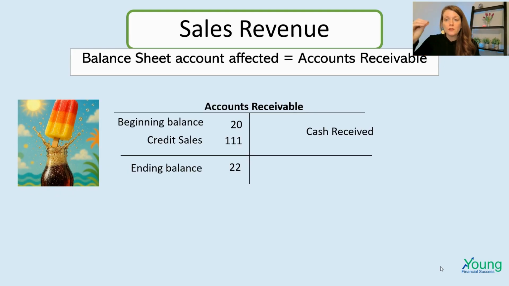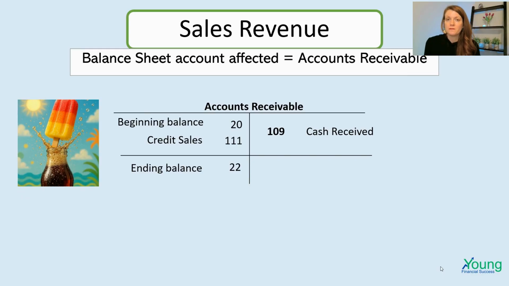If we started with 20,000 and added 111,000, then we have 131,000. Then at the end, we only had 22,000 left. The 131,000, the total amount in accounts receivable, minus the 22,000 that's still in there would give us 109,000 of cash received.